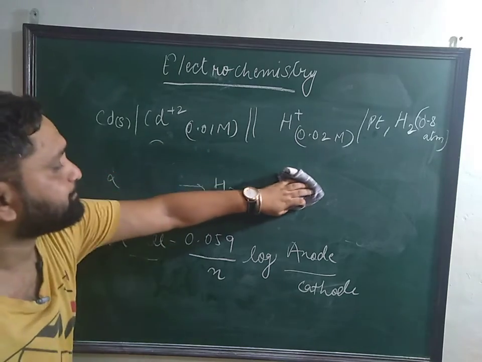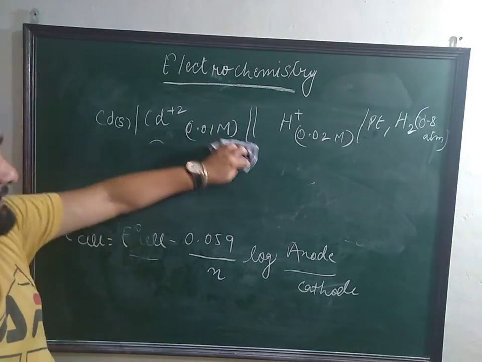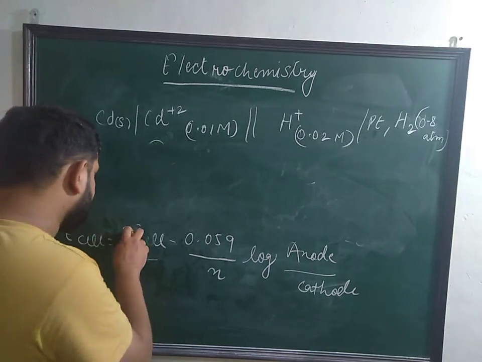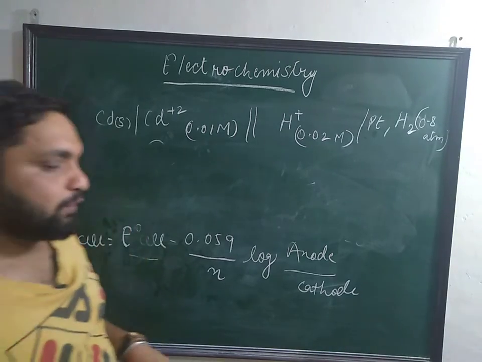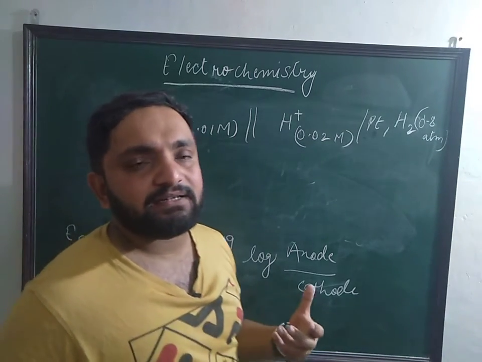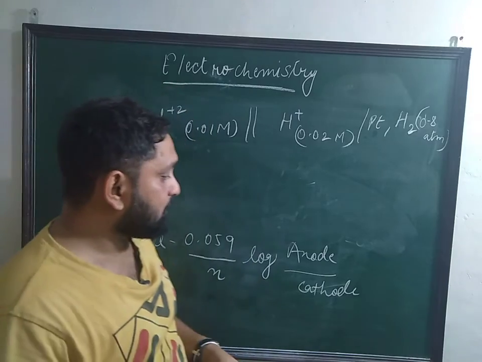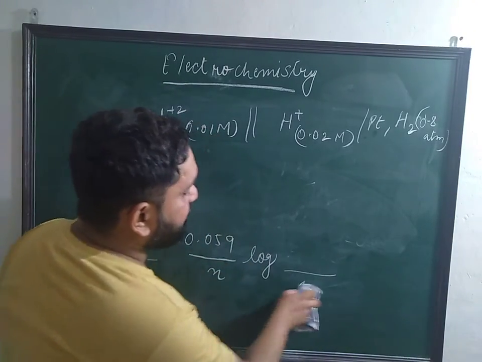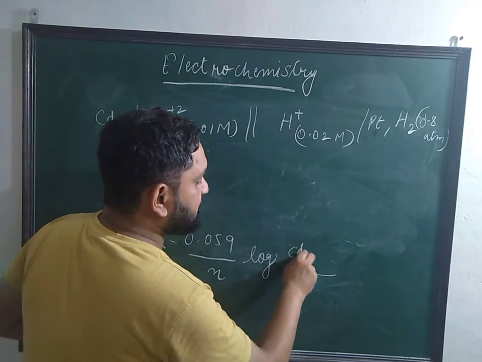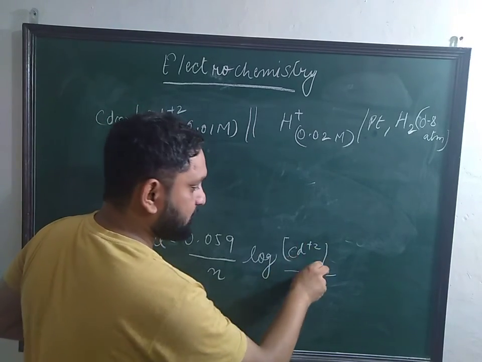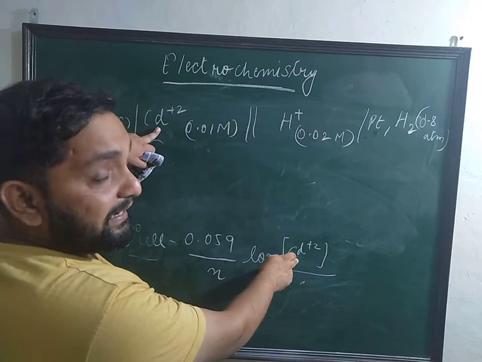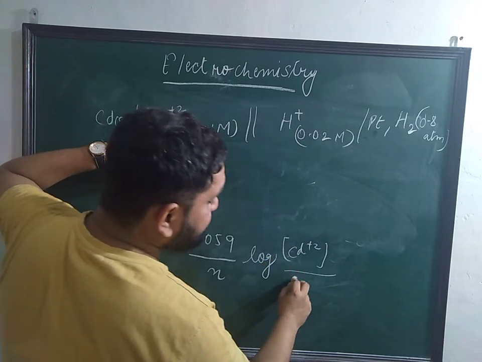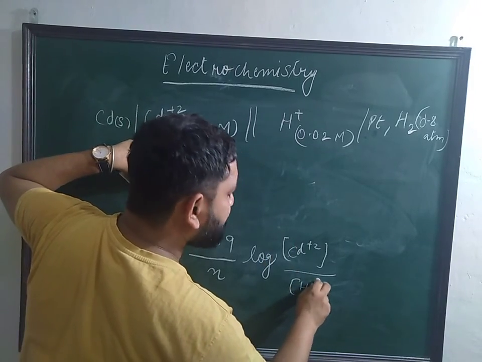But dear ones, I will have to explain a slightly different thing to you. You will have to write the concentration of cadmium 2 positive over here, no doubt, because this is the electrolyte of the anode, and the H positive concentration over here, no problem.